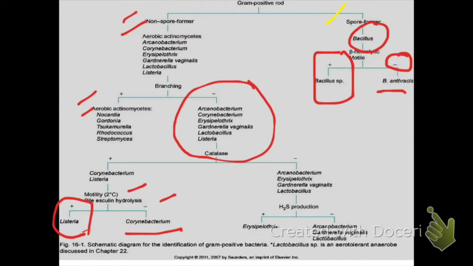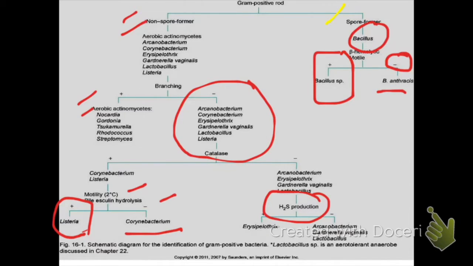Those that are catalase negative are further divided by the ability to produce hydrogen sulfide. How do you know if there's hydrogen sulfide? You have your TSI. If there's blackening in the TSI, that's considered positive for hydrogen sulfide production. The only one that is hydrogen sulfide positive is Erysipelotrix.